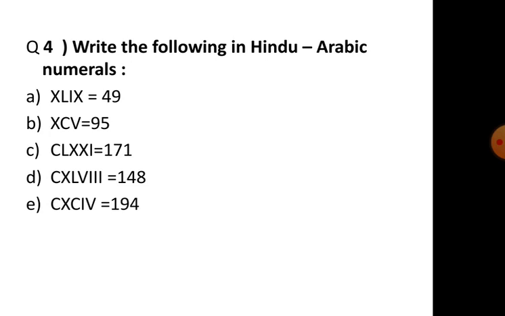L means 50, X means 10, so 50 minus 10, 40, 140, and VIII is 8, 148. Then CXCIV. C means 100, X means 10 and C means again 100. So we'll do 100 minus 10, that is 90. So 190 and IV means 4, 194.